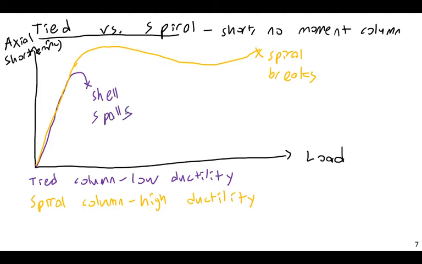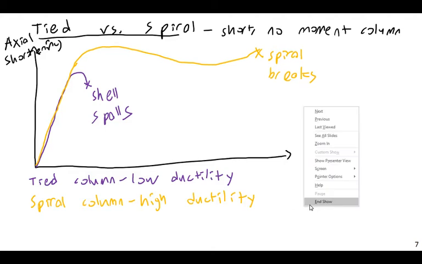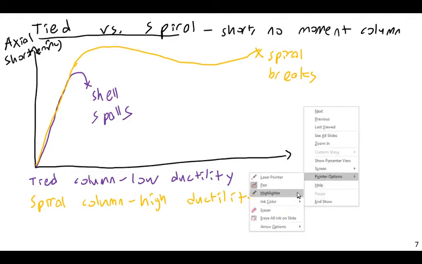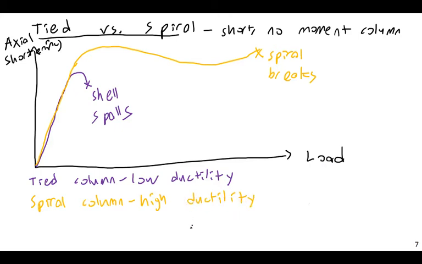Because of this, we know that generally brittle failures are more dangerous than ductile failures. This behavior tells us why we have different phi factors for these two types of columns.